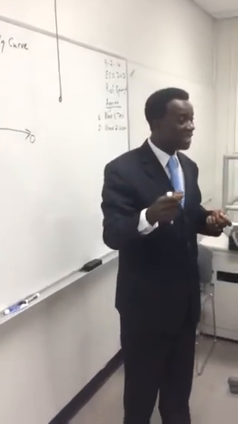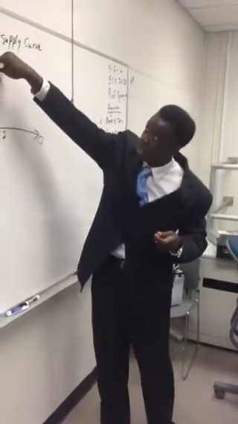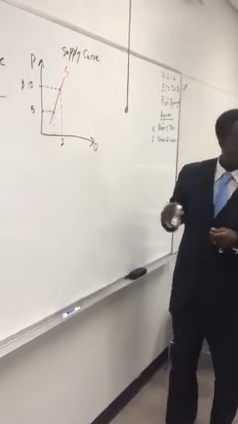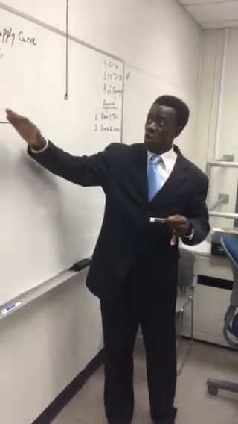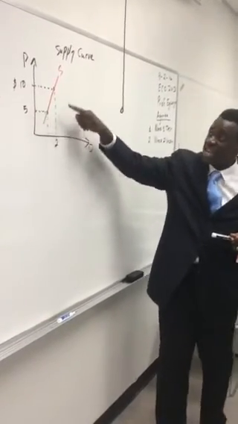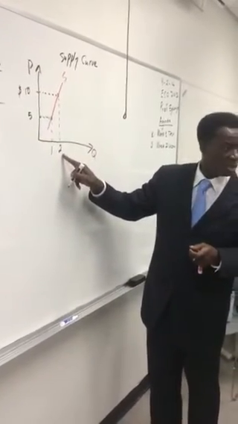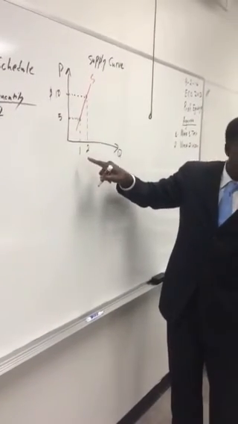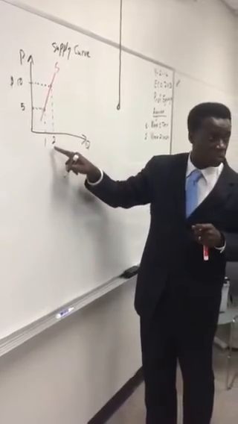Again, supply is a schedule or a curve showing the relationship between the price and the quantity supplied. A rise in the price of the good has increased the quantity supplied from 1 to 2. A fall in the price of the good has decreased the quantity supplied from 2 to 1.